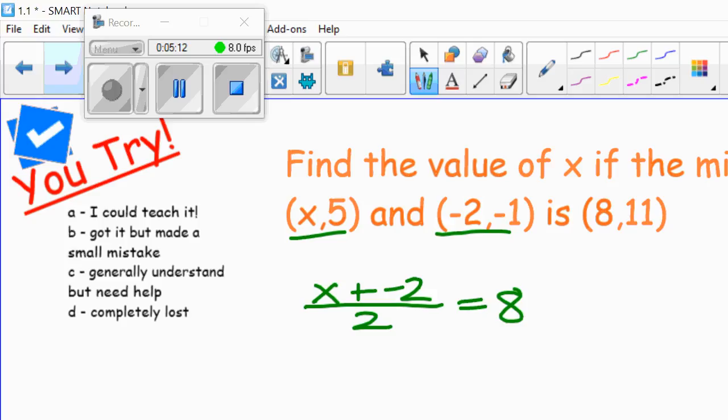That's not going to affect our problem, but that should be a 2.